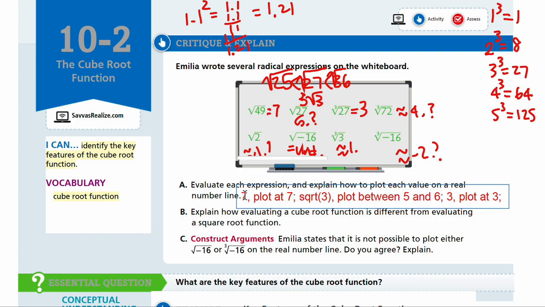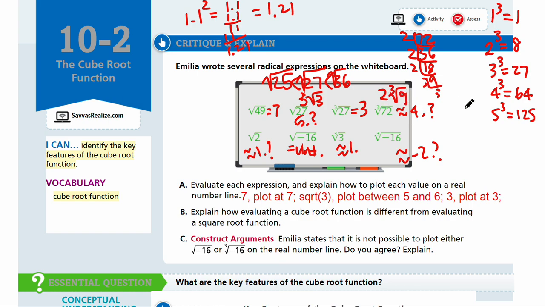And then the third one, if we simplify this, we can factor it out, right? So 72, factor out, we have 36, and then we factor out by 2 again. We have 18, 9, 3. So we can pull out the 2, and this is really 2 cube root of 9, right?